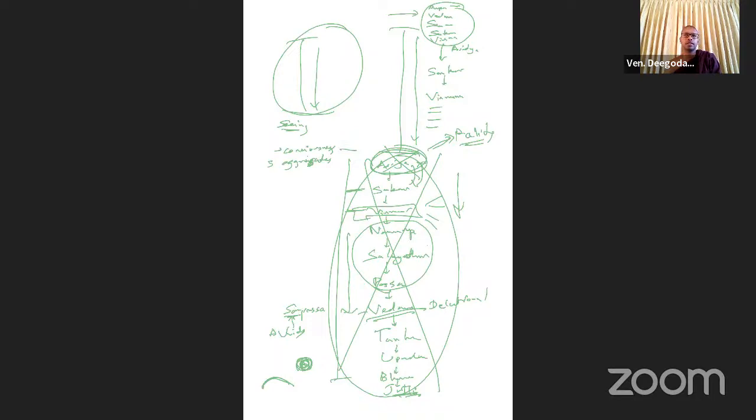So for example, if we think about the sotapanna, the moha level for him to become an animal, or to go to the four hells, is already eliminated.